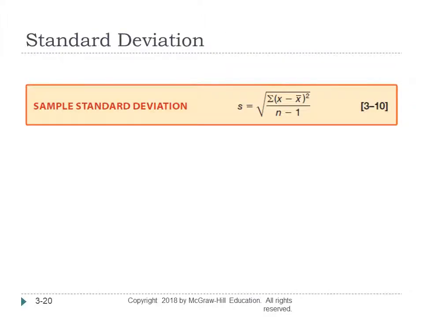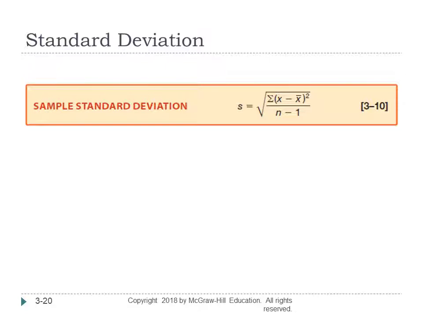The next measure, and that's the measure we'll use most of the time, is called the standard deviation. For the sample standard deviation, which we denote S, it is the square root of the sum of the square of deviations divided by n minus 1. You notice the quantity under the square root is just the variance.